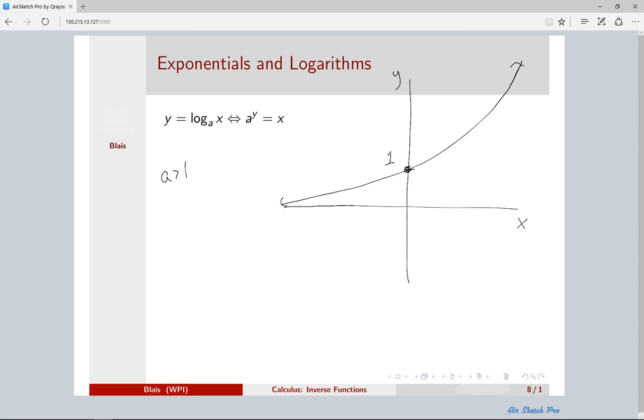And in the next lecture, we'll look at reflecting this, and we will get a graph that looks like this. And this is what will be the log of base a. And so now that we have the tool of inverse functions at our disposal, we can take any exponential and find its inverse, and its inverse is called the natural log. And they will have this property that they undo one another.